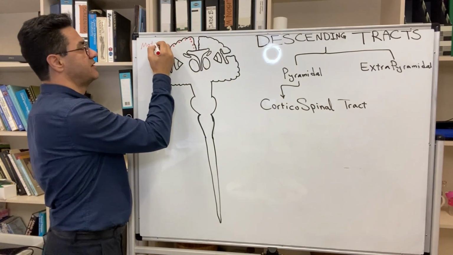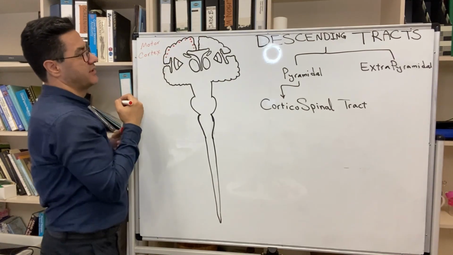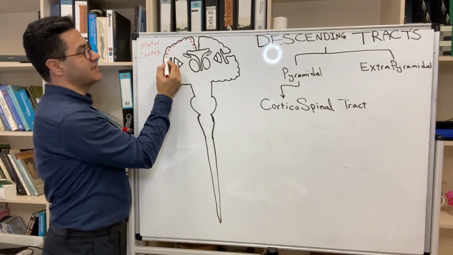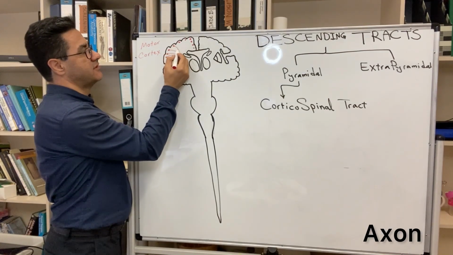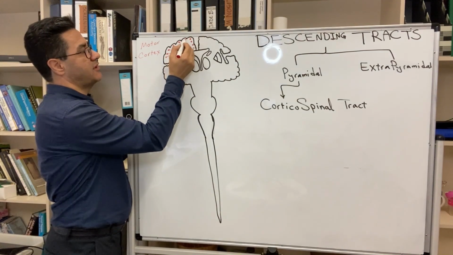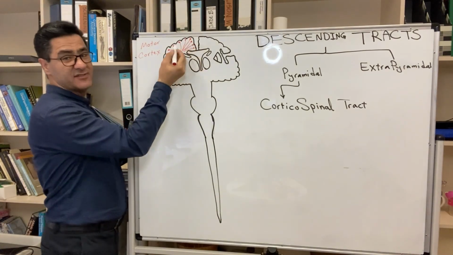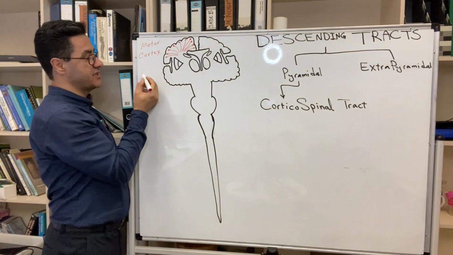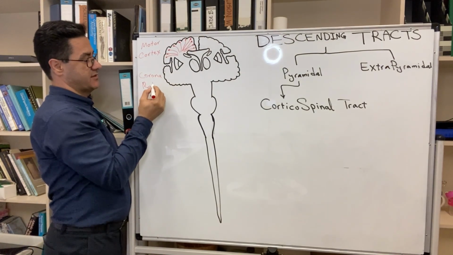The axons of those upper motor neurons come down, and collectively they are called the corona radiata.